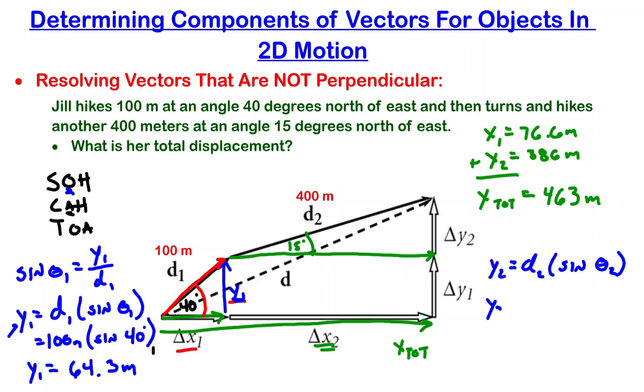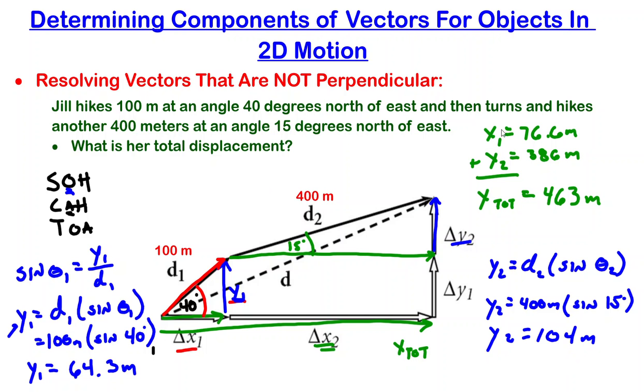So y2 is equal to 400 meters times the sine of 15 degrees. So if I put that in my calculator, sine of 15 degrees times 400 is equal to 104 meters. So y2, this component right here, y2 is 104 meters.